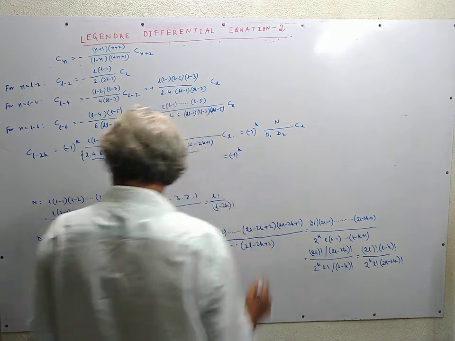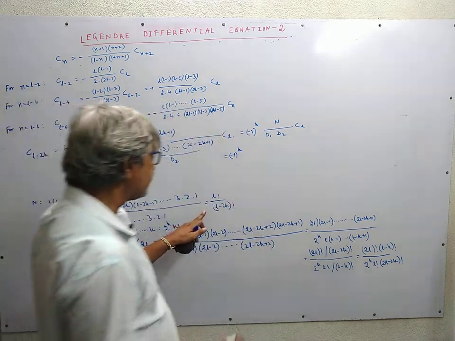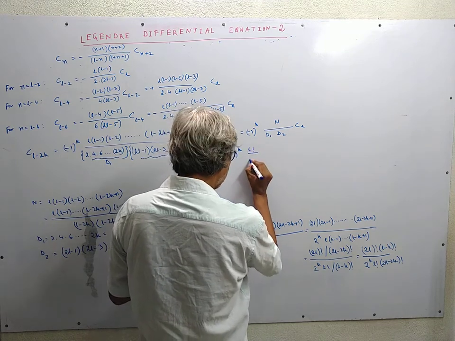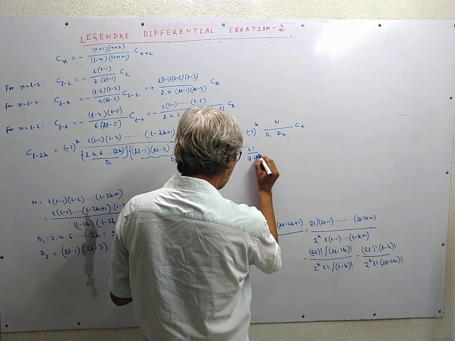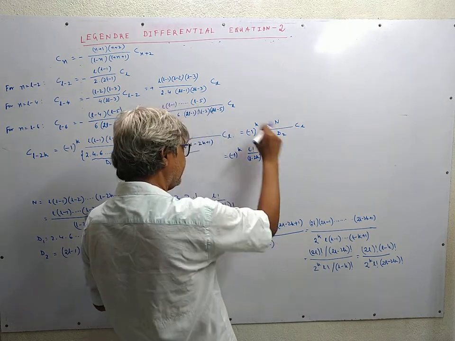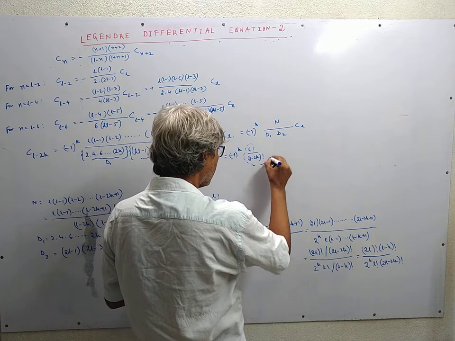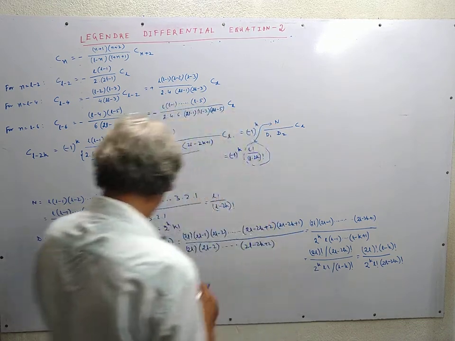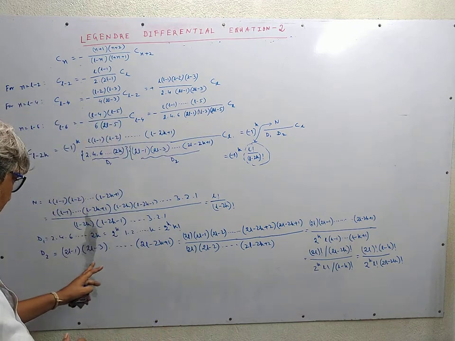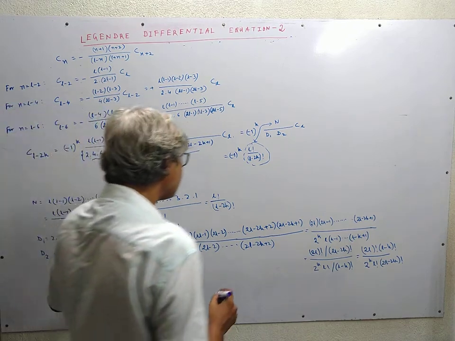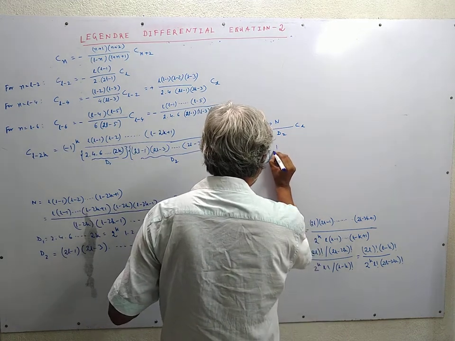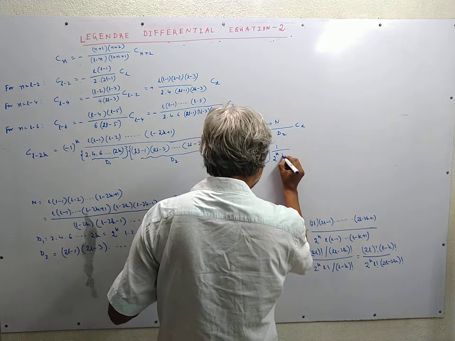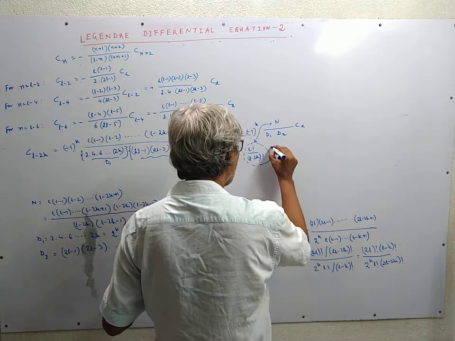For the numerator n we write this one, L factorial by L minus 2k factorial. Then D1: 1 upon 2 to the power k times k factorial.